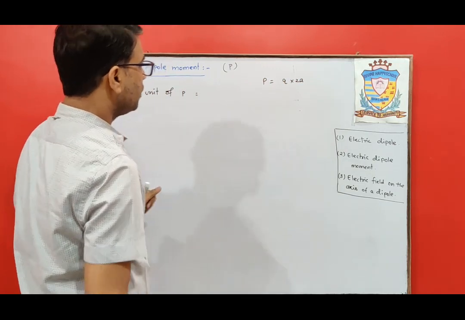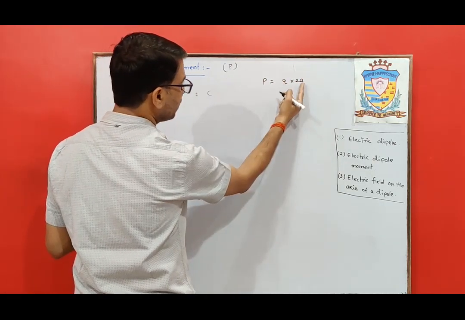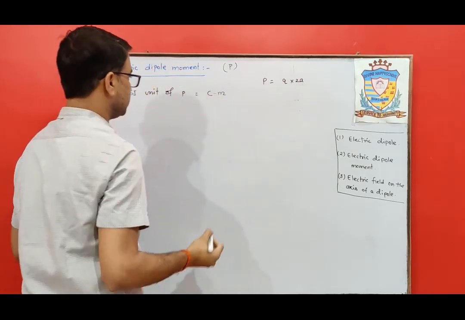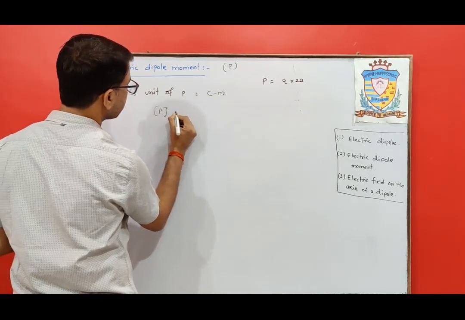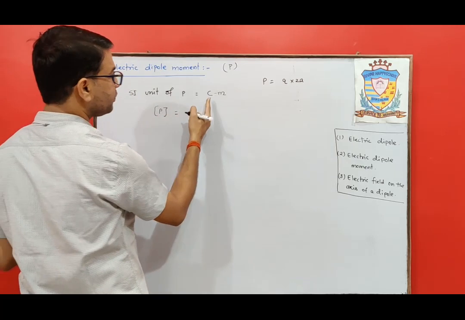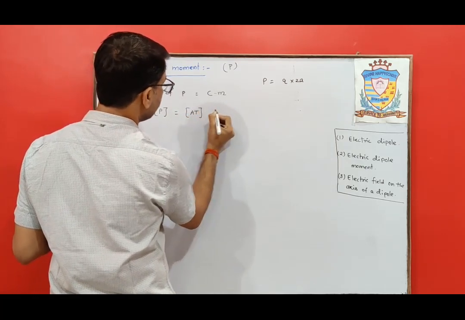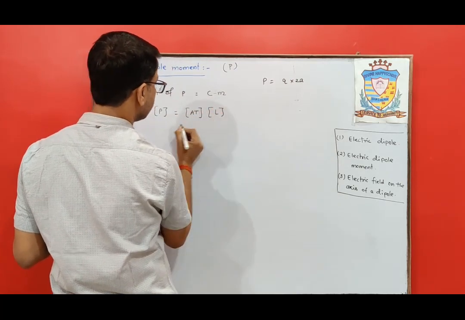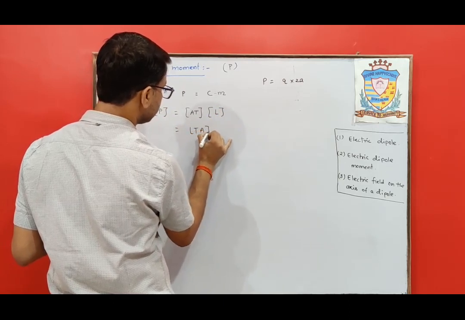The unit of charge is coulomb and the unit of distance is meter, so this will be coulomb meter. The dimension of P: the dimension of coulomb is AT and the dimension of length is L, so this can be written as LTA.